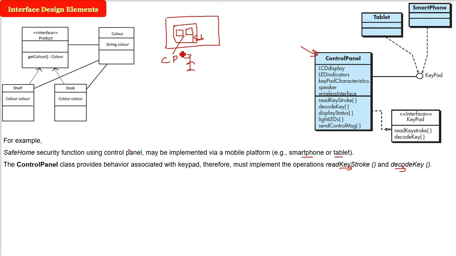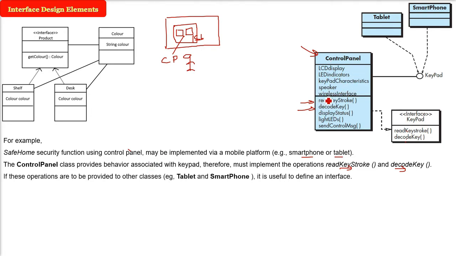But what about tablet and smartphone? They have to do the same thing, but in their own way. The control panel class has already read keystroke and decode key. But when you are talking about a keypad or a tablet or a smartphone, these two functions have to be there and they have to be implemented in their own way.